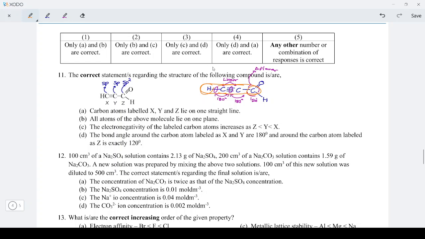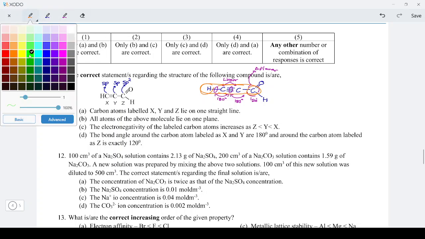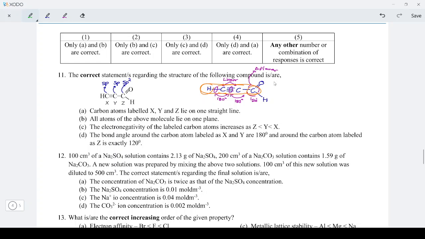That is the theory. The other one, if you consider the same plane, includes sp and sp2 hybridized atoms as well. sp and sp2 hybridized atoms and the atoms connected to them all lie in the same plane. Understand? So if you consider the same plane concept, you can include two more atoms in the same plane.